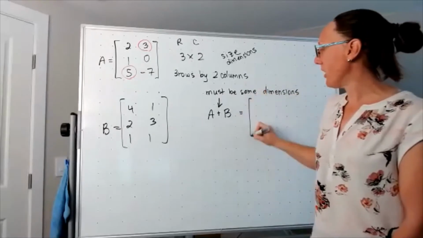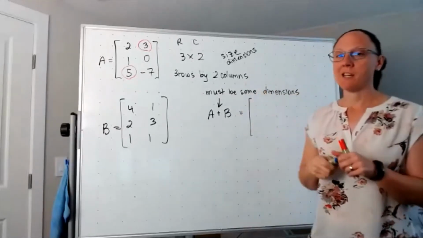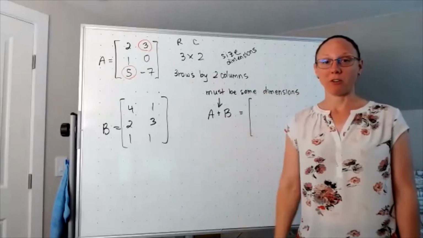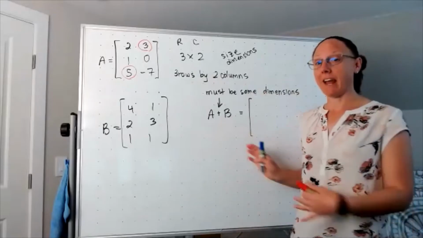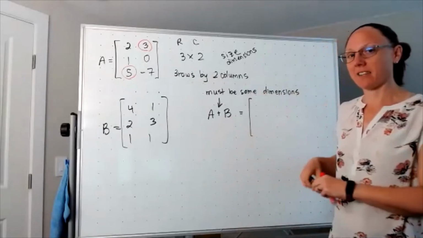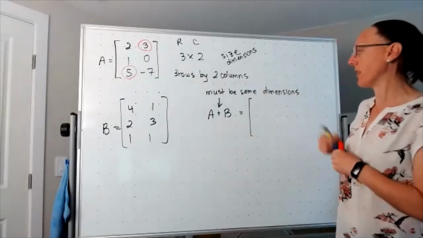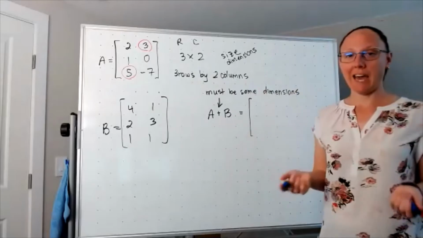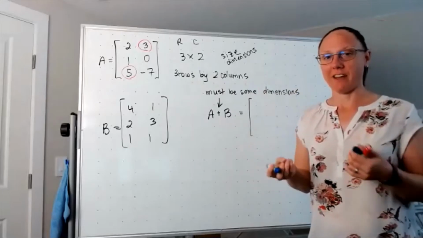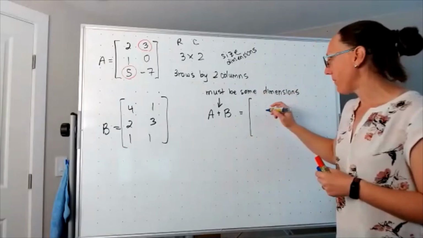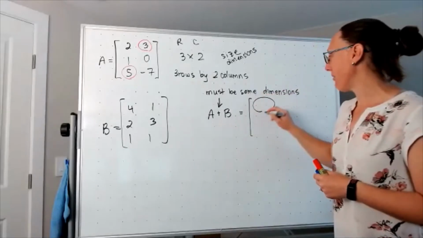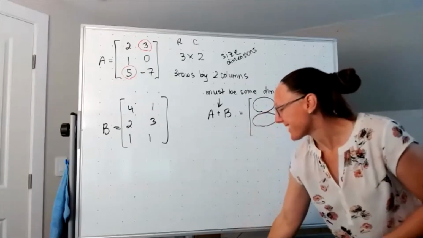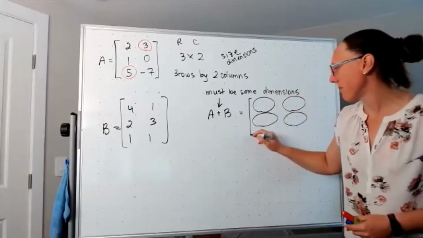I think addition is the easiest thing to do with matrices because it works just like you want it to. If I'm going to add these 2 matrices together, I'm going to get a matrix that's identical in size. So I will get another 3 by 2 matrix. Each component in that matrix I get by adding the pieces sitting in that spot. This is going to have a total of 6 components because it is a 3 by 2 matrix.